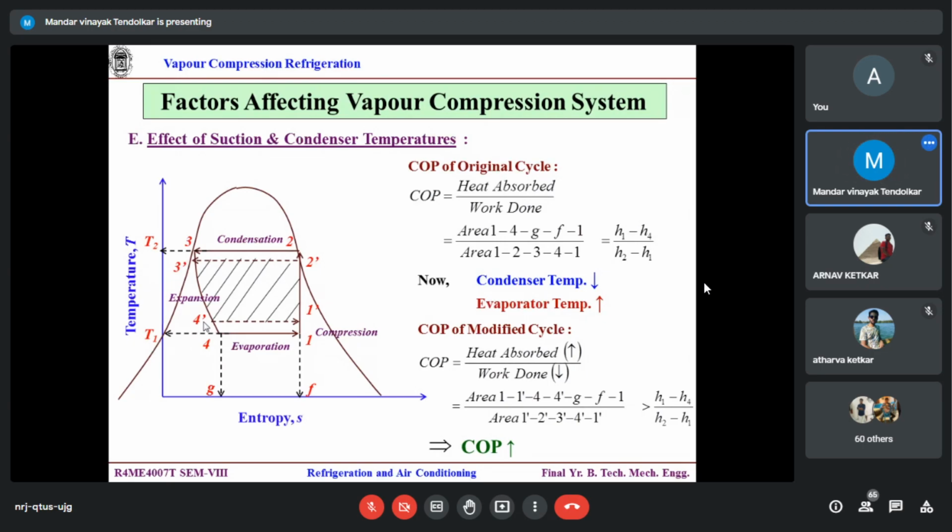Check the pressures and corresponding temperatures for the condenser and the evaporator, and try to plot them on the pH chart. All the refrigerant pH charts are given to you in the lab session, S3 handbook. So cross check it. Very simple job and very interesting also. Do you agree? We understood the effect.